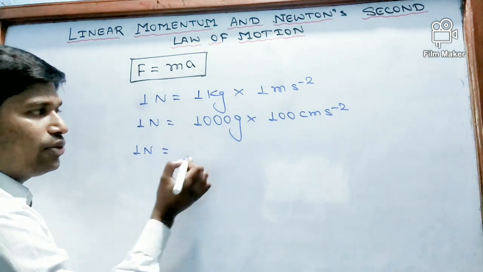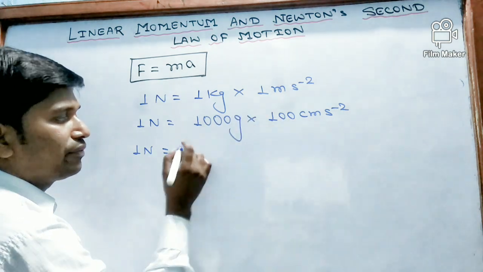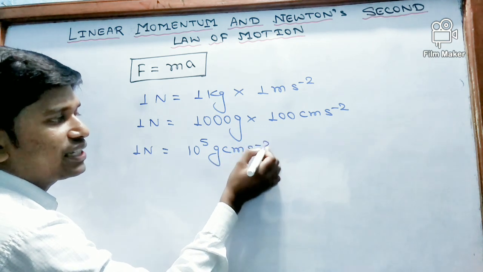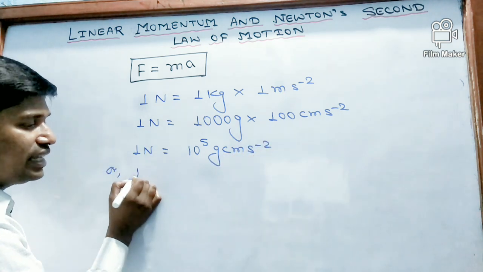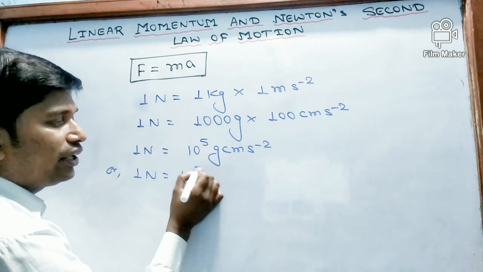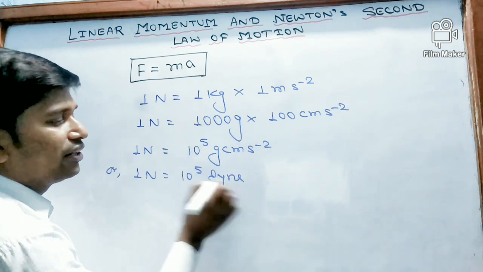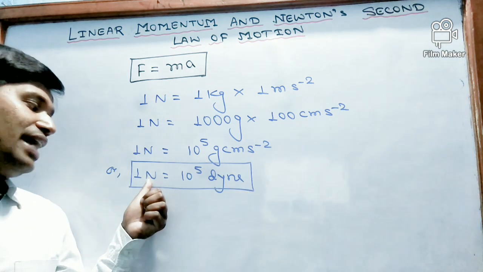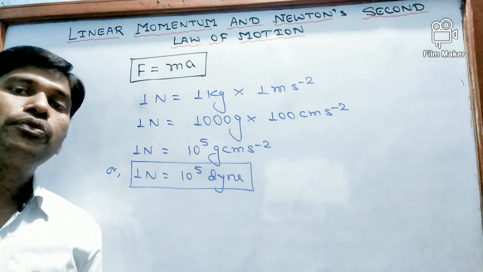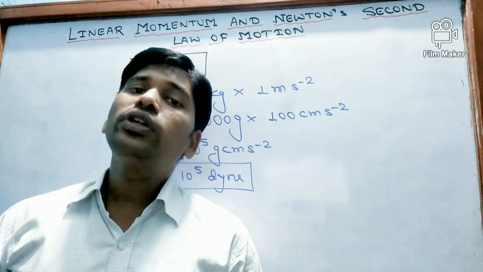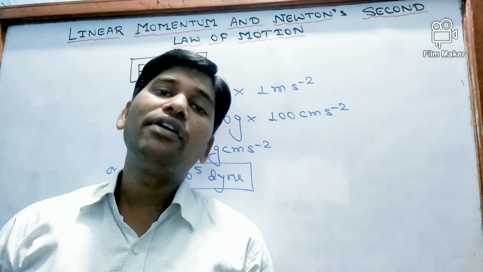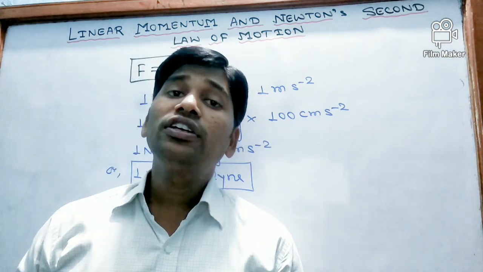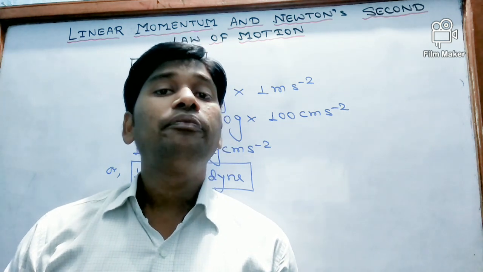So 1 Newton is equal to 10 to the power 5 gram centimeter per second square, or we can say 1 Newton is equal to 10 to the power 5 dyne. So this is the relationship between SI and CGS unit of force, that is 1 Newton equals 10 to the power 5 dyne.